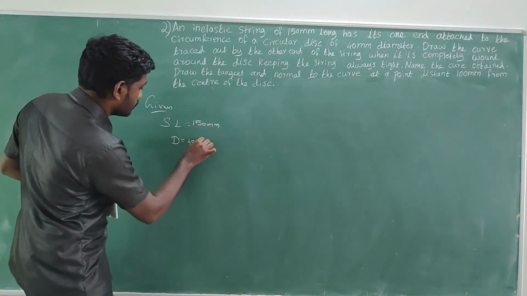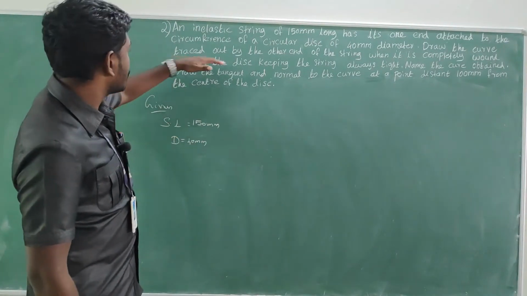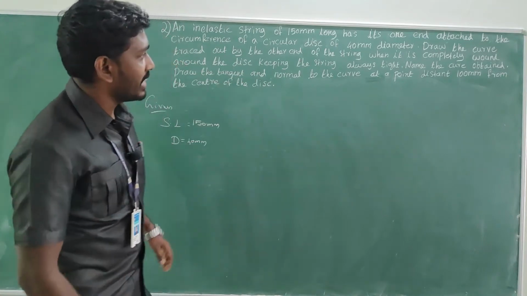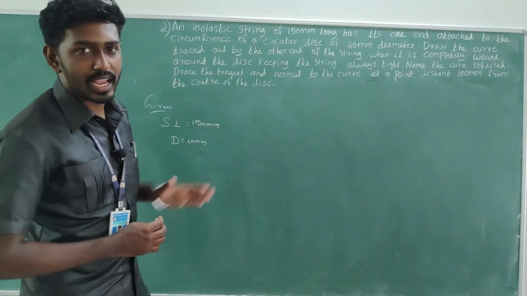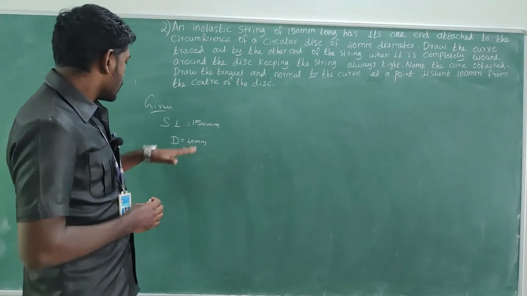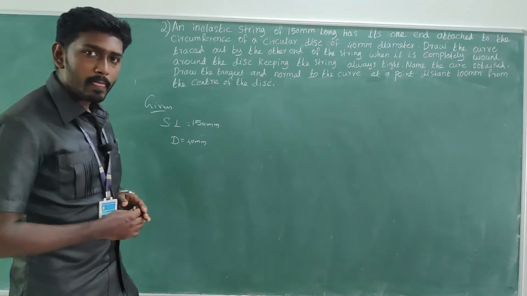Then draw the curve traced out by the other end of the string when it is completely wound around the disc, keeping the string always tight. This is the case given in the question.